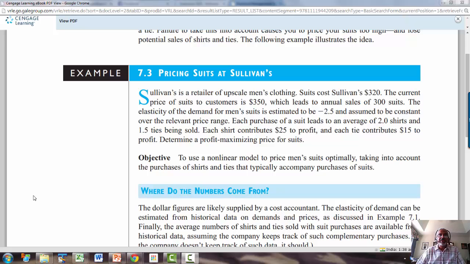Here is another pricing model, and this one is about a clothing retail store, Sullivan's upscale men's clothing. Now, in this problem, we have one product, and the sale of that product generates sale of other products, subsidiary products, accessories, if you will.